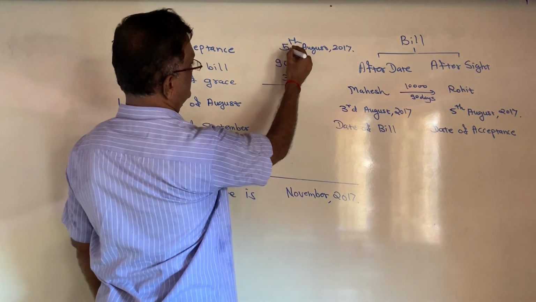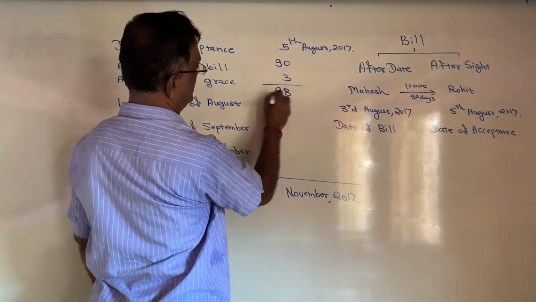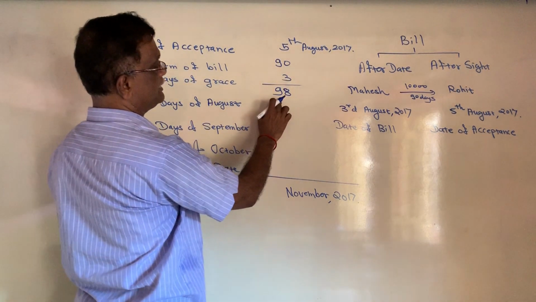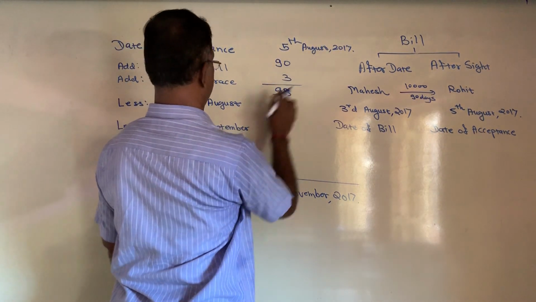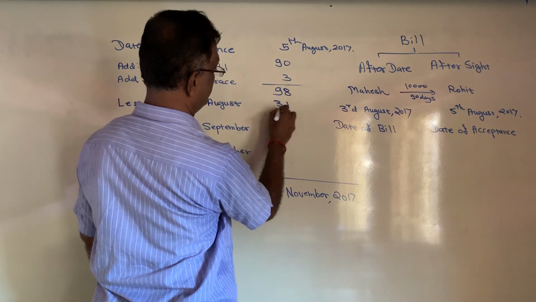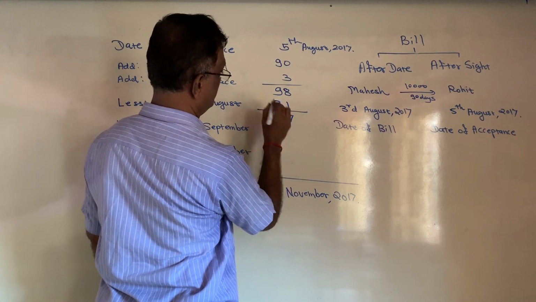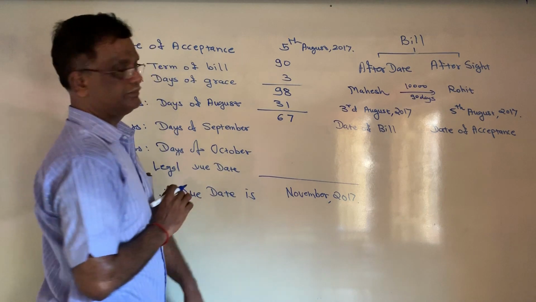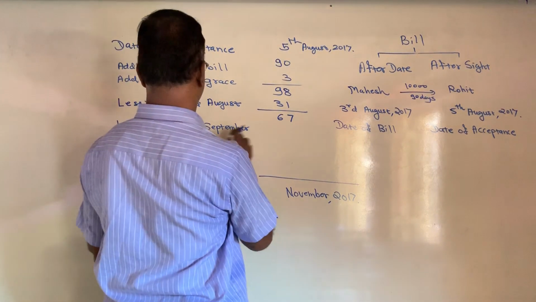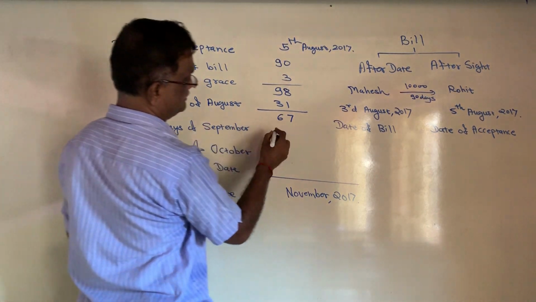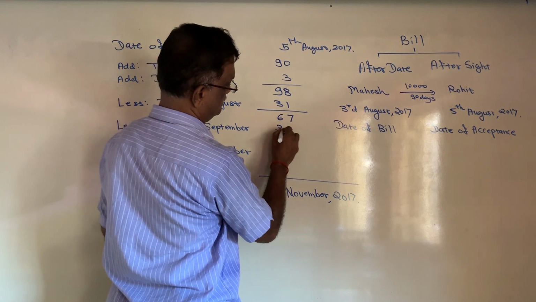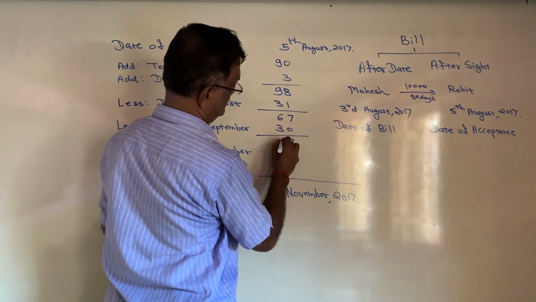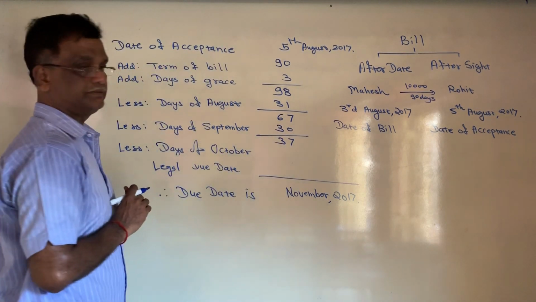The total of the three, 5 + 3 = 8, is 98. From this we will deduct the total number of days of August, that is 31. 67 left. From this we will deduct the total number of days of September, 30. Remains 37.